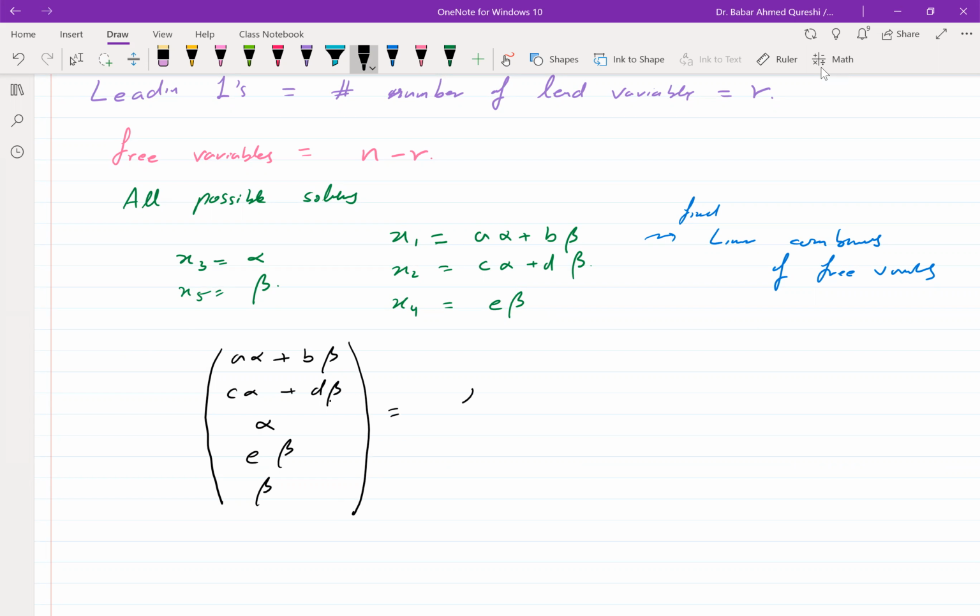Now my claim is that these fixed vectors will always be linearly independent once I make them out of the reduced row echelon form. Why? Well, for the free variables, I have a linear combination of these free variables.